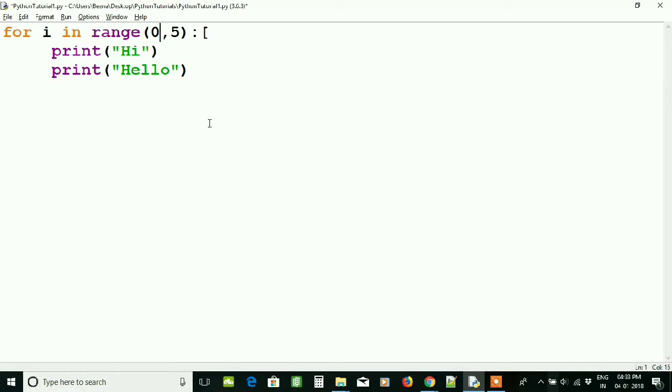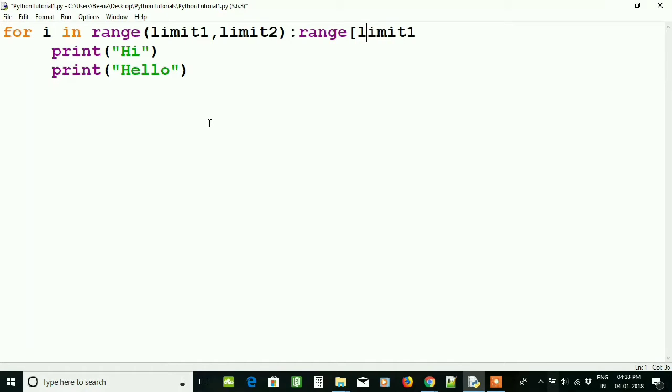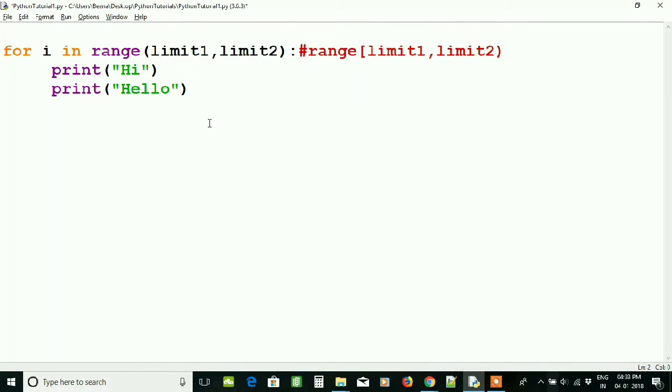If we consider this as limit 1 and this limit 2, then the range would be from limit 1 comma limit 2. Limit 2 is excluded. Make sure you notice this and remember it very well. So this is about the for loop.